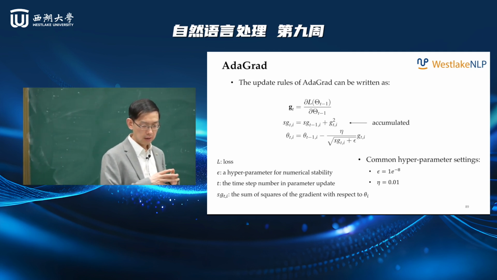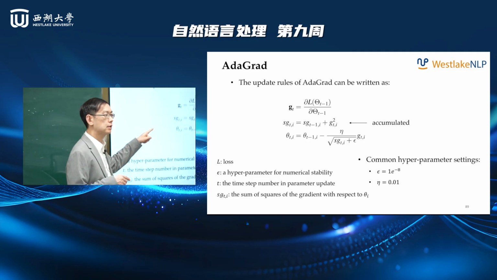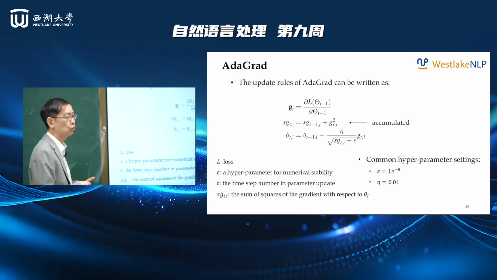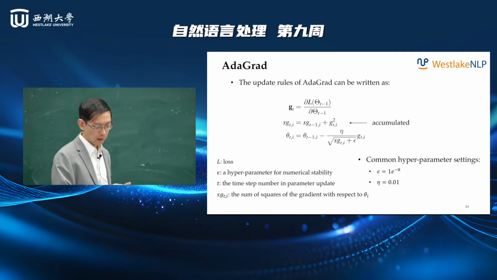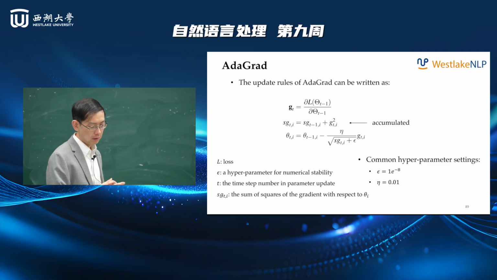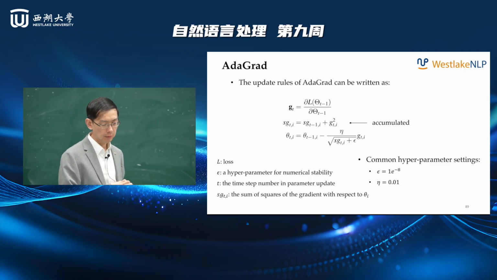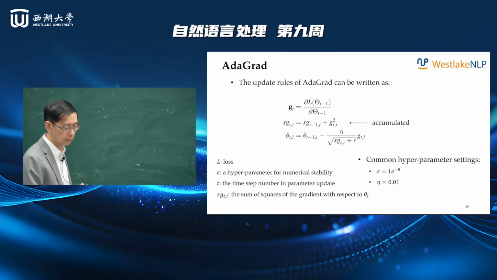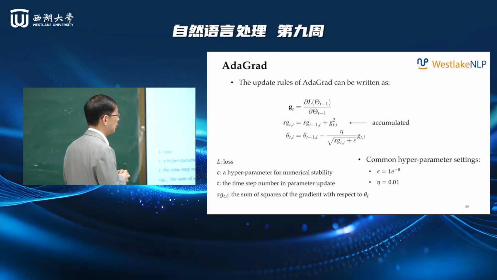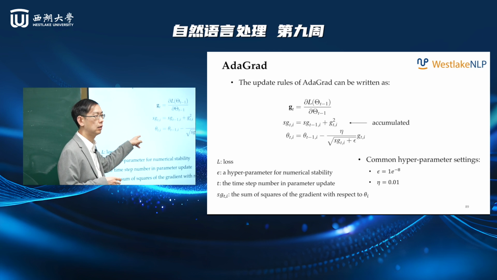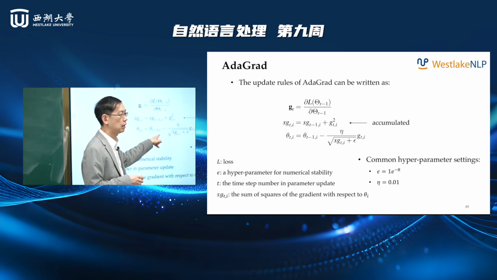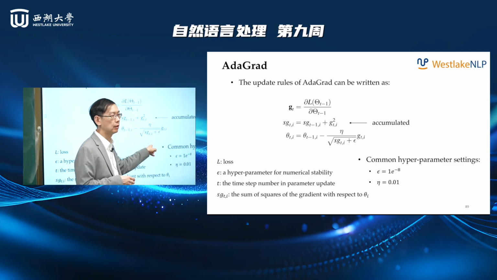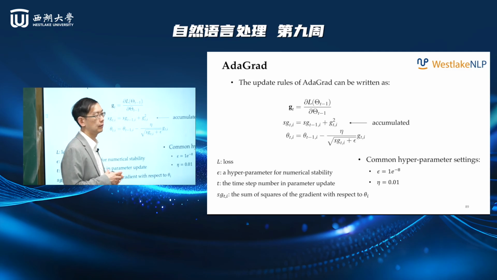I do that by accumulating the square of gradients into a special variable called SG, the accumulated gradient. And I update the ith parameter by changing it using 1 over the square root of the accumulation as the learning rate.